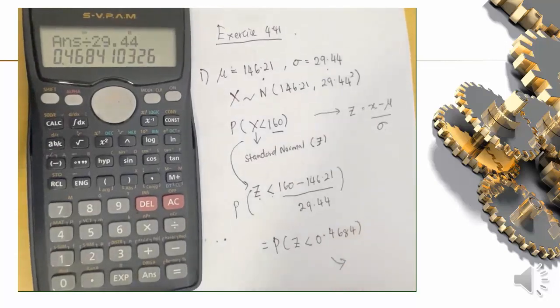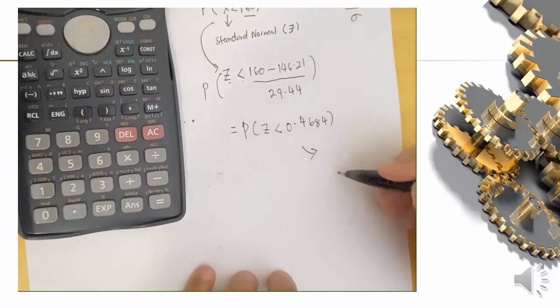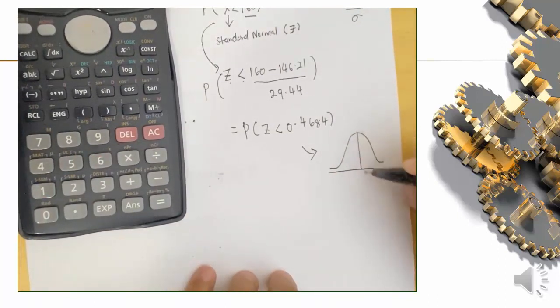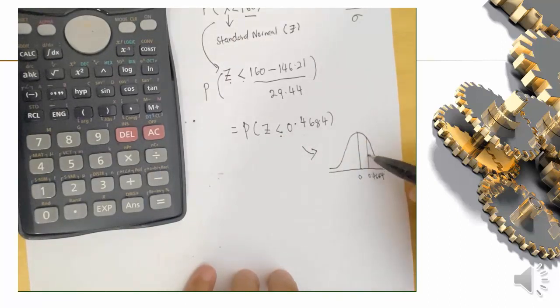If we draw, we have here 0. This one is positive, so on this side 0.4684, less than, this area.